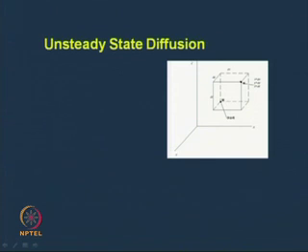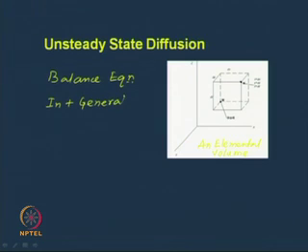Let us consider the control volume and elemental volume, and the balance equation is: in plus generation is equal to out plus accumulation.